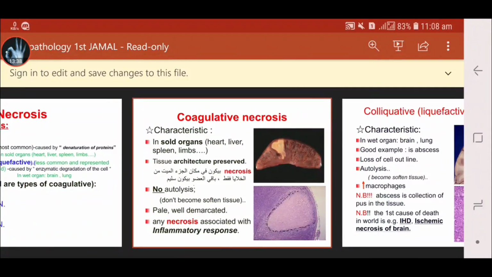As you can see, it did not affect the organ and preserves its architecture, التصميم تبعها. It is also pale and well demarcated, يعني ممكن تميزه على طول. As you see here, these are the boundaries of necrosis. As you see under a microscope, this is coagulative necrosis, preserving the architecture and also well demarcated. So it is pale and well demarcated, its boundaries are clear.